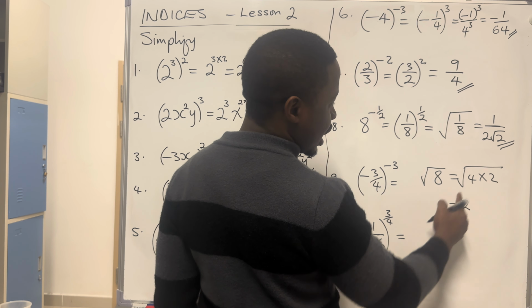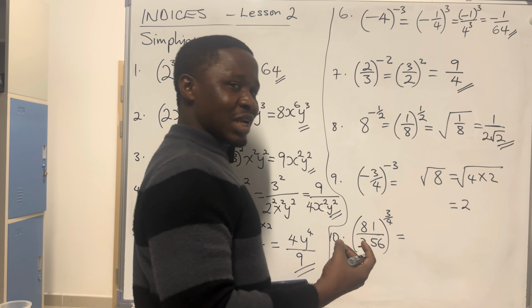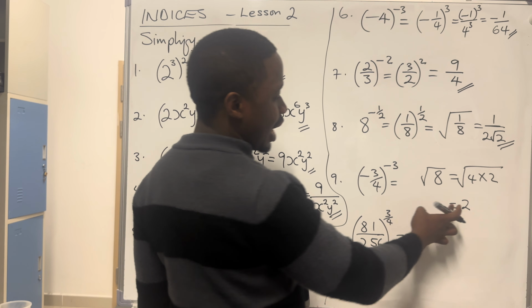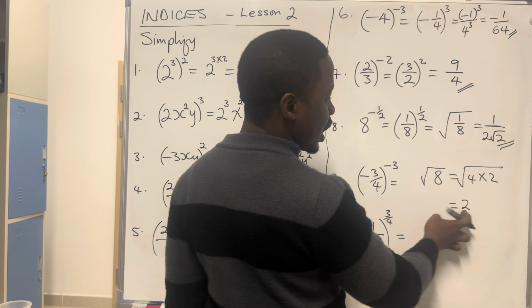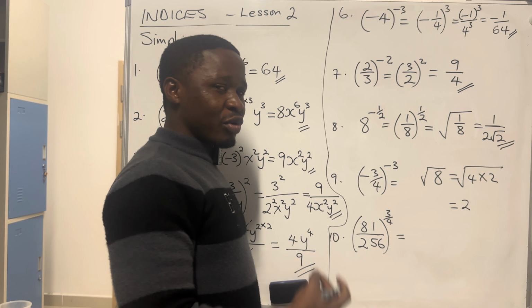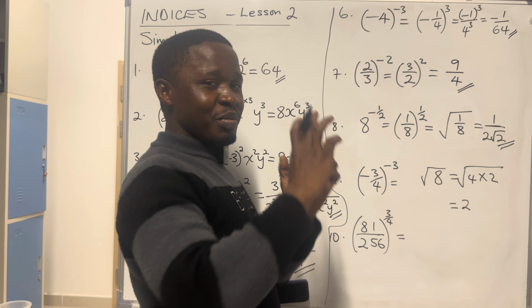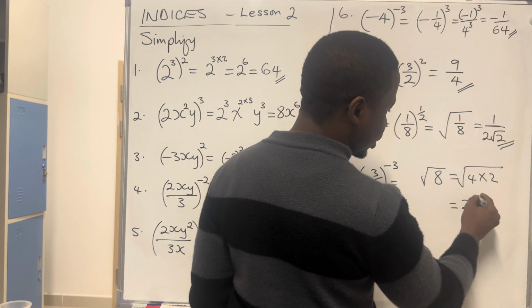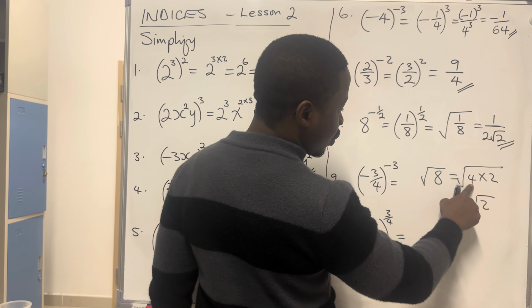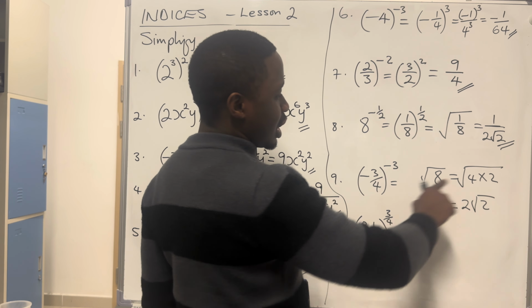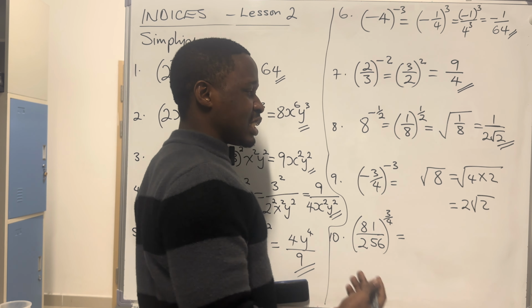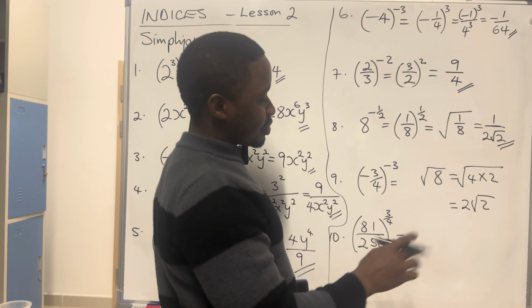It is 2. This 4 has a square root that will not give us a decimal, and that square root is 2. But this 2 cannot give us a square root that is not a decimal, so it has to remain in the bracket, in the root. Square root of 4 is 2, it goes out. Square root of 2 will give us a decimal, so we maintain it.